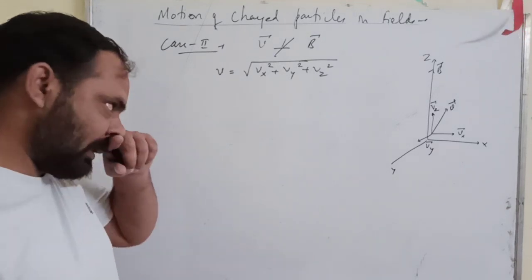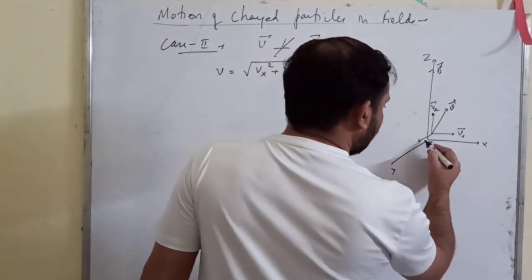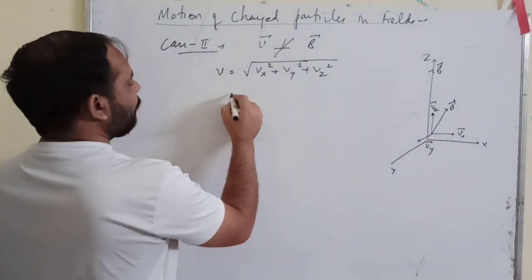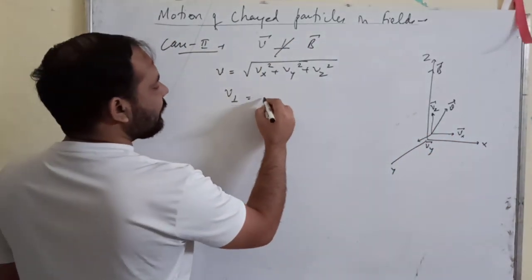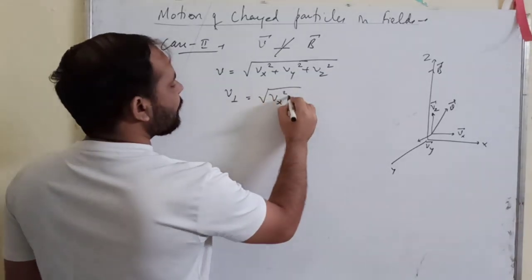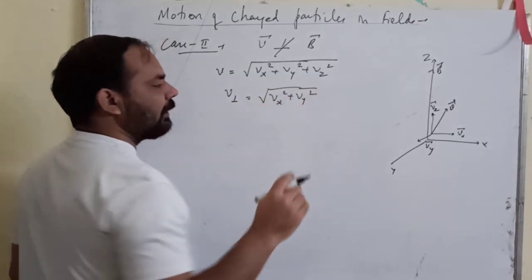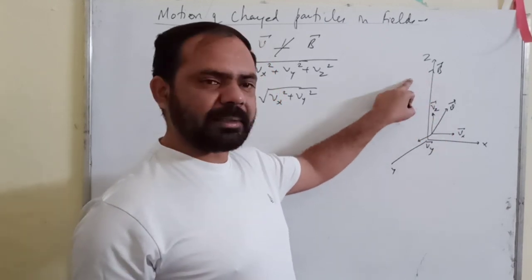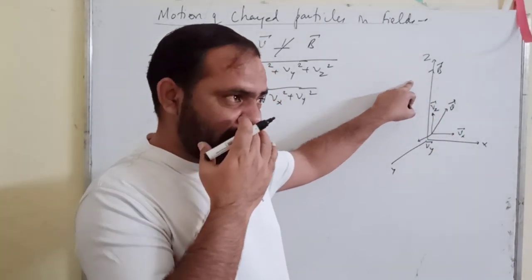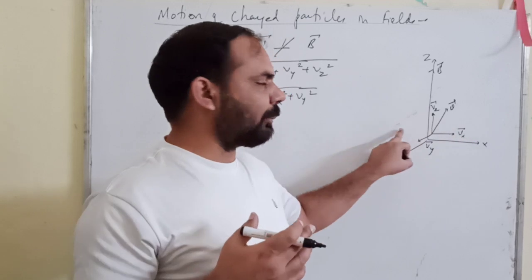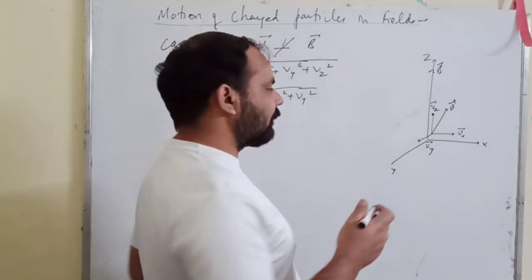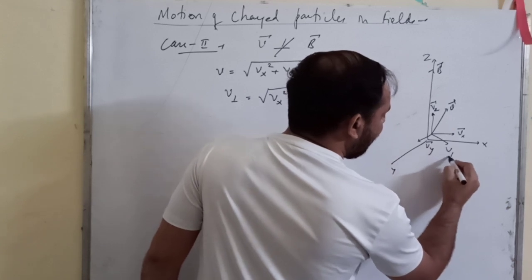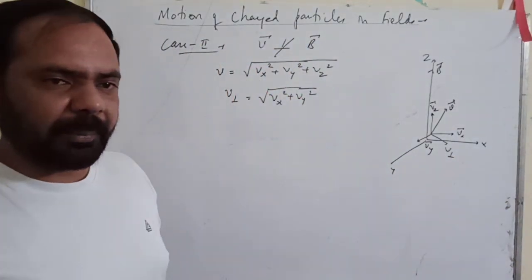Now what will be the resultant of vx and vy? It will be v perpendicular, equal to the square root of vx squared plus vy squared. Since the magnetic field is along z, we find the resultant of the two other components, which I am naming v perpendicular.